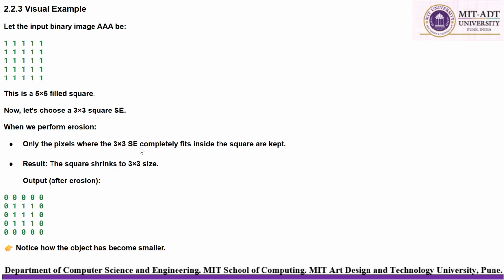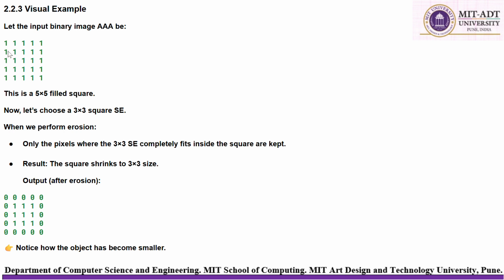When we perform the erosion, only the pixels where the 3 by 3 structuring element completely fits inside the square are kept. So the result will simply shrink to the 3 by 3 size. I will simply put this 3 by 3 square of all ones, right?